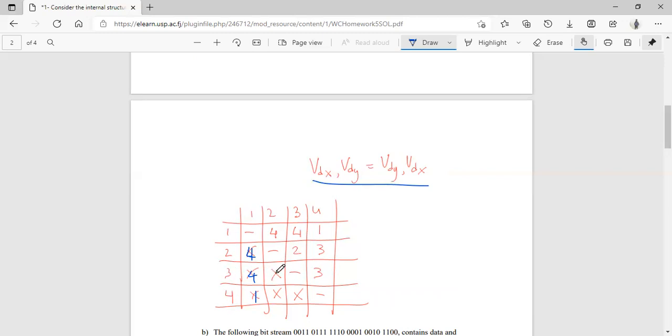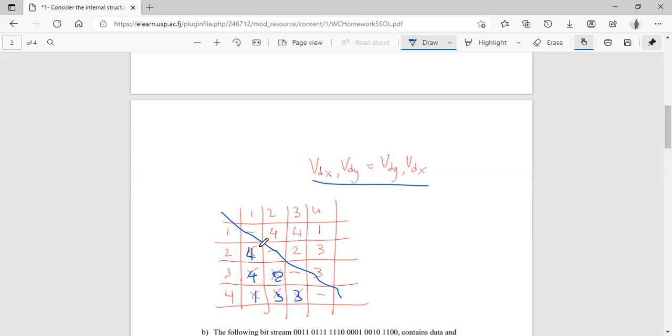So this would be 2, and then D4 with D2 is 3. And D4 with D3 is again 3. So you can see in this table, whatever data you have is directly reflected on this end. It is being mirrored across this diagonal, right?